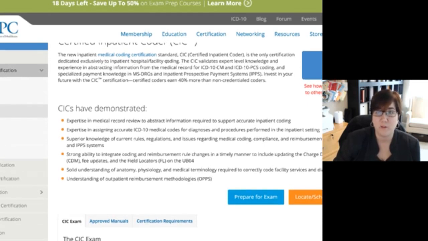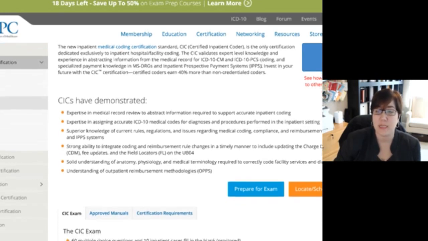Tells you right up here at the very top. You have to understand ICD-10-CM and ICD-10-PCS coding. No CPT, no HCPCS. Those two books are not allowed for this exam. You only get your ICD-10-CM and your ICD-10-PCS.